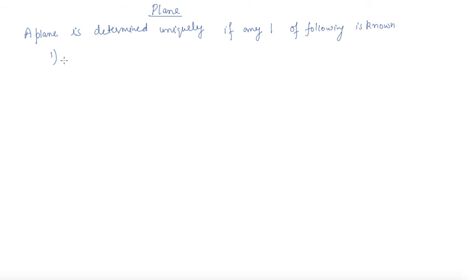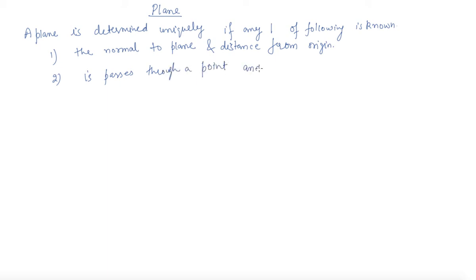Okay, so the first thing is the normal to the plane and distance from origin. That is the equation of a plane in normal form. Second, it passes through a point and is perpendicular to a given direction.